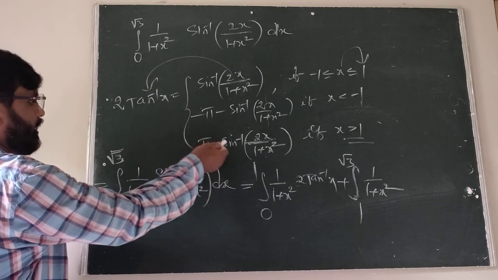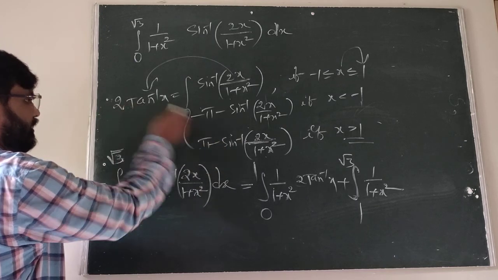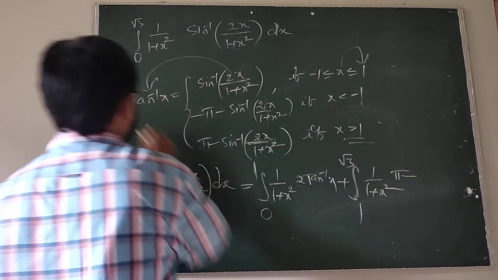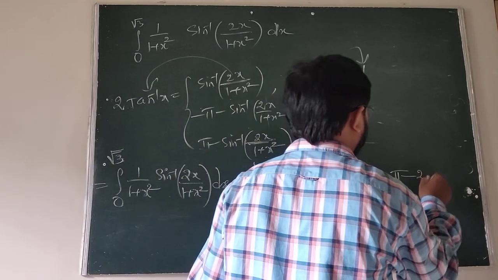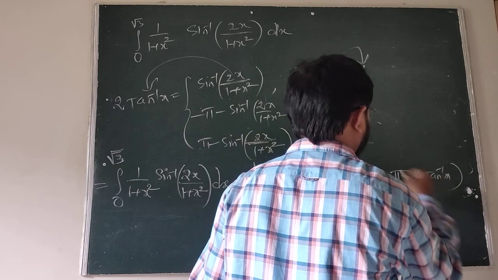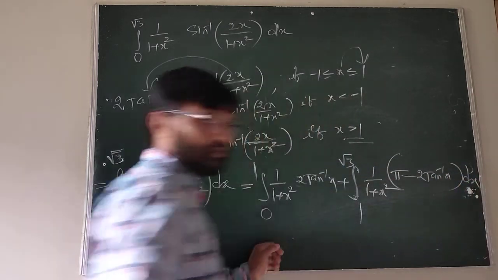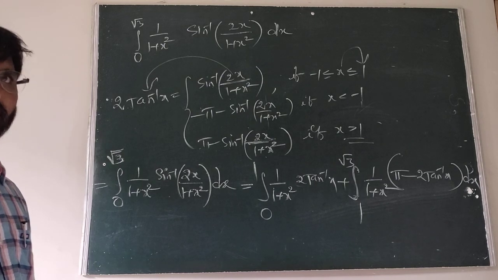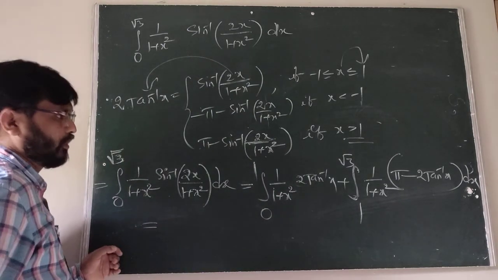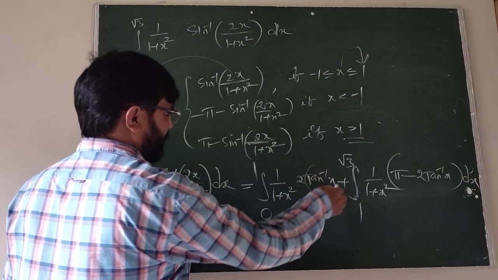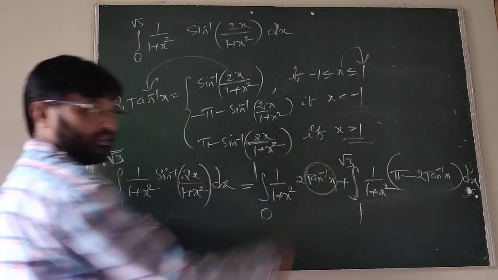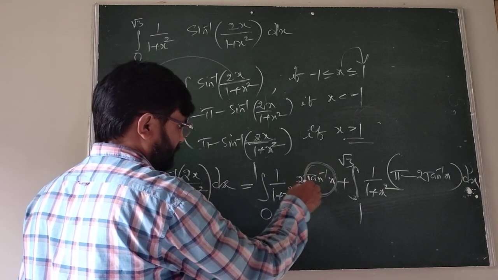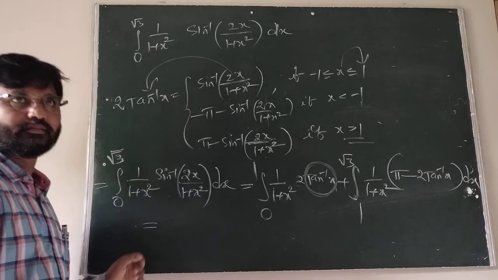This is pi minus of 2 tan inverse of x, whole, dx. Therefore, now we can write: when we take tan inverse x as t, the derivative of tan inverse x is 1 by 1 plus x square.